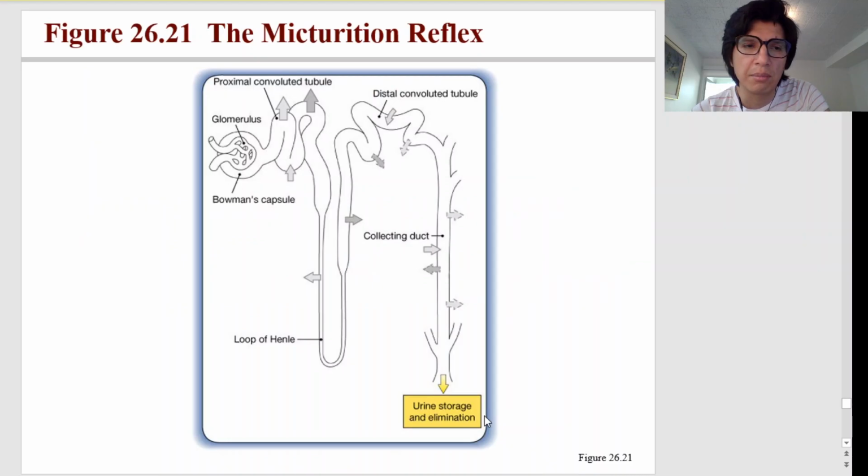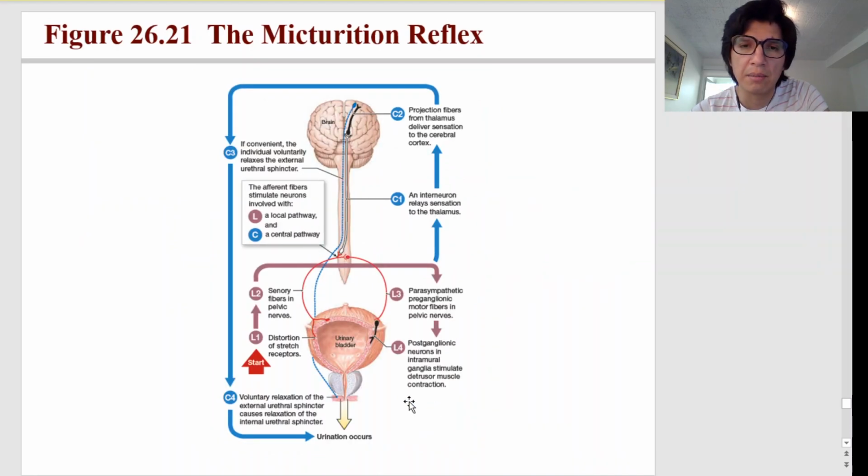I want to talk about the micturition reflex. There is a local portion of the reflex, and then there is a conscious higher level portion of the reflex. So let's start here. The urinary bladder starts getting full, and there is this tension of the urinary bladder that triggers these sensory fibers.